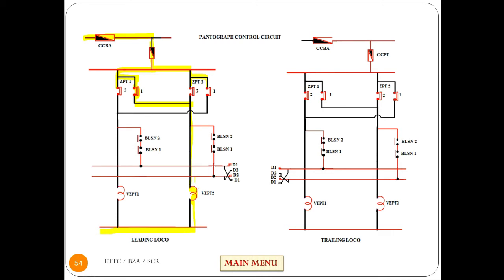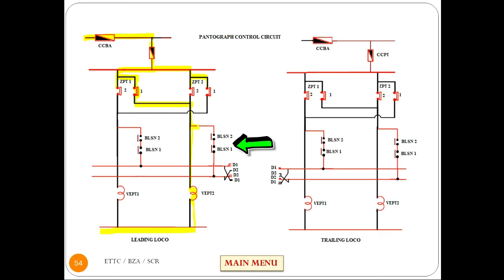So if it is a multi, how will the supply go to the trailing loco? Let us see. In multi, the normal position of the BLSN is the up position. Whenever it is in normal position, through its BLSN 1 and 2 NC interlocks, supply will come like this.